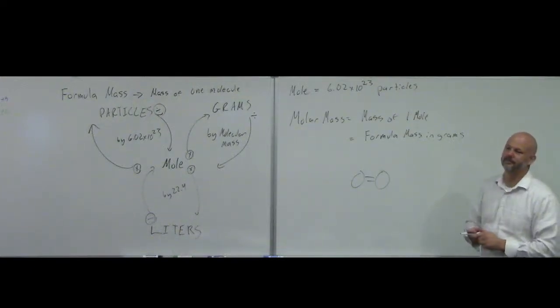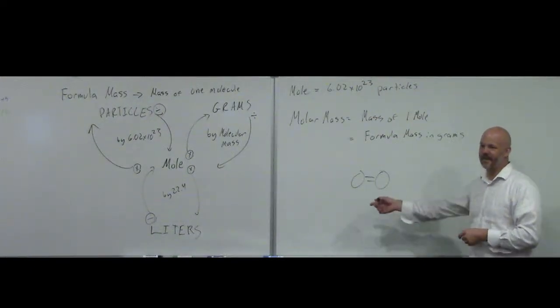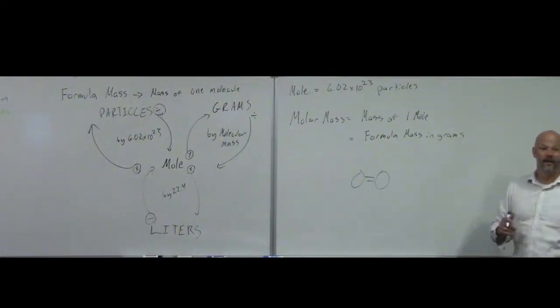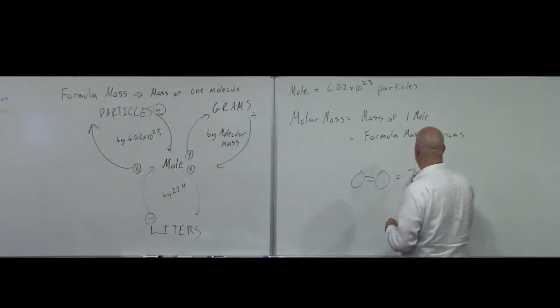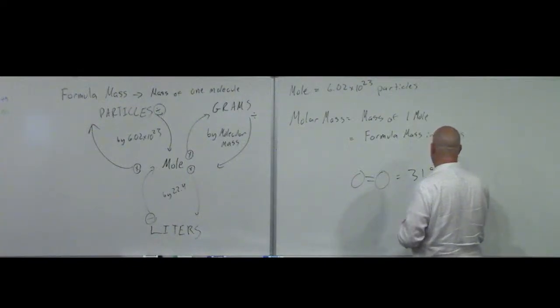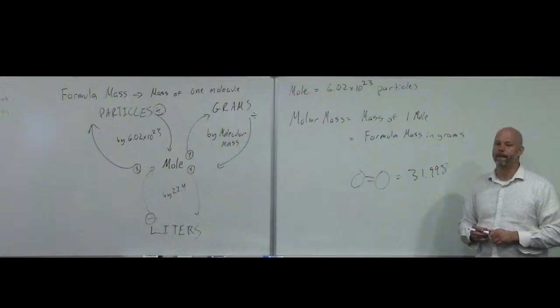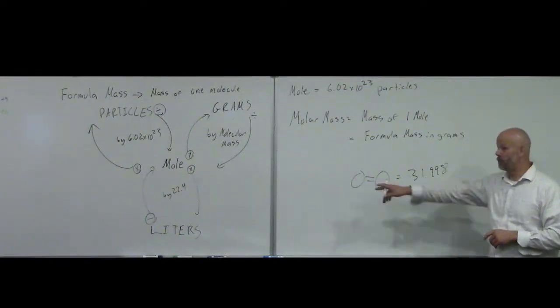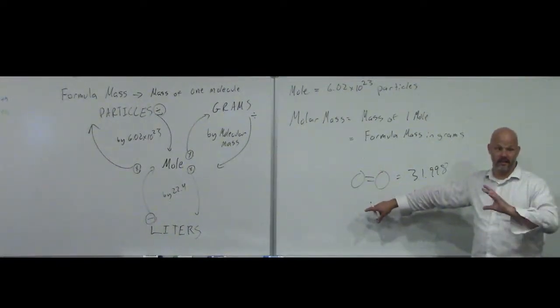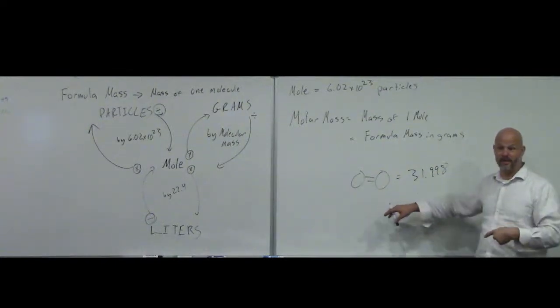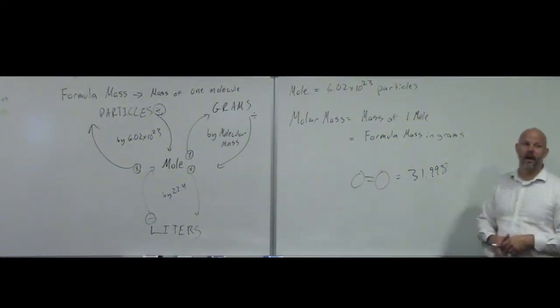It's O2 because it's diatomic. Gases are always diatomic. 31.998. So you're essentially just adding both of those weights? Yeah, because oxygen exists as O2, then I've got to double it, right, to get it. Okay.